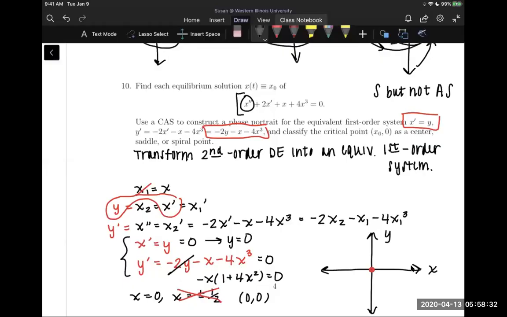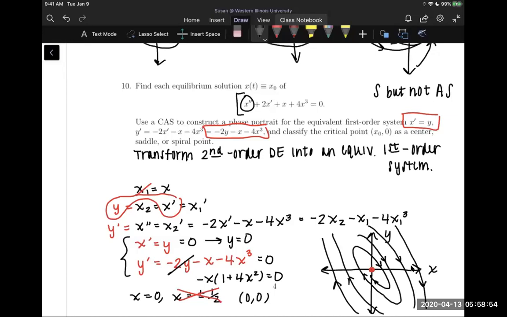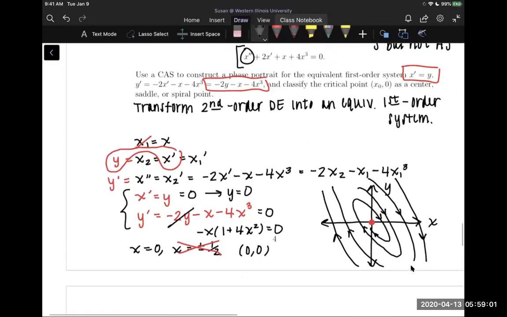And we had this very sharp spiral emanating into our critical point, and then where it got wider, we could almost see it starting to look like straight lines. All right, and so then for the classification, this is a stable spiral and it's also a sink.